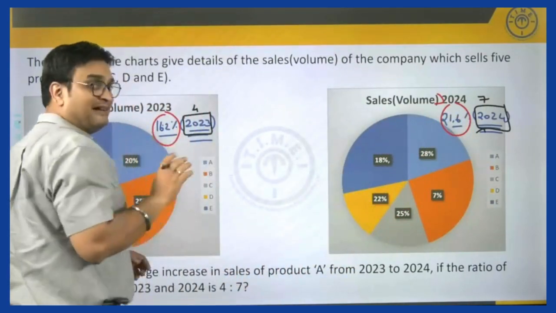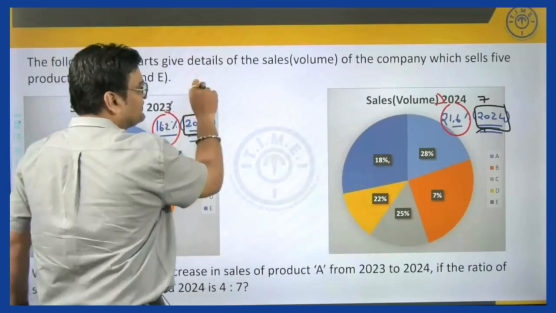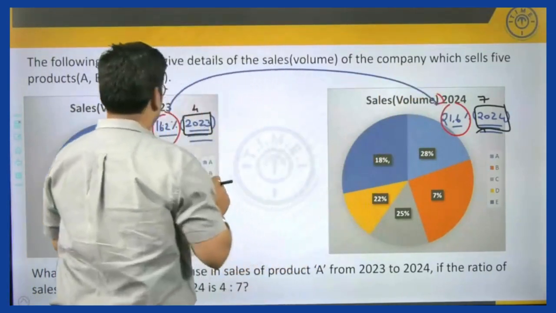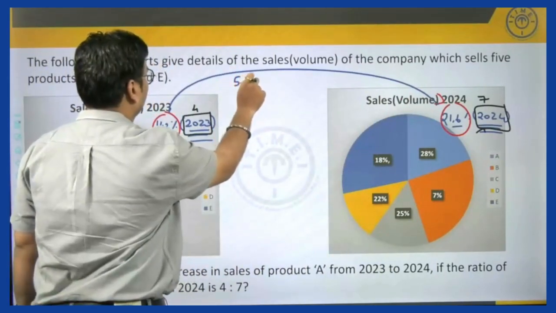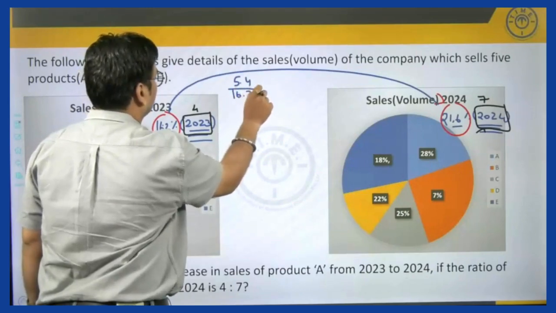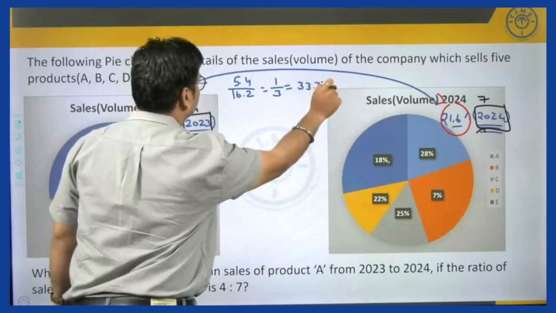Even then there is no actual need of performing these calculations. Even then you may say this variable is changing by how much? So 16.2 is becoming 21.6. So a 5.4 increase on 16.2 is 1 by 3, and 1 by 3 in percentage is 33.33%.